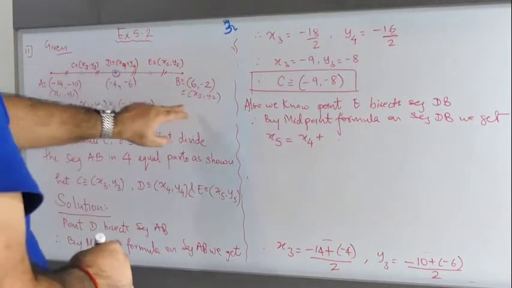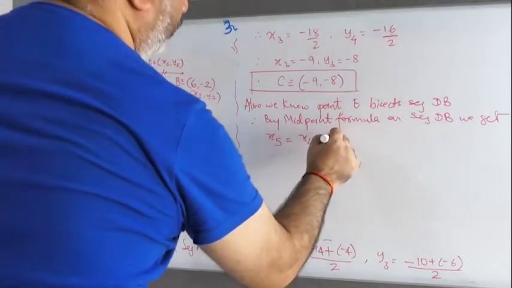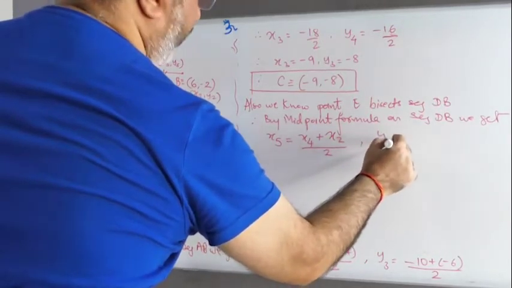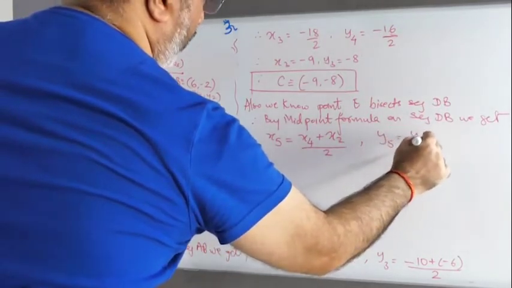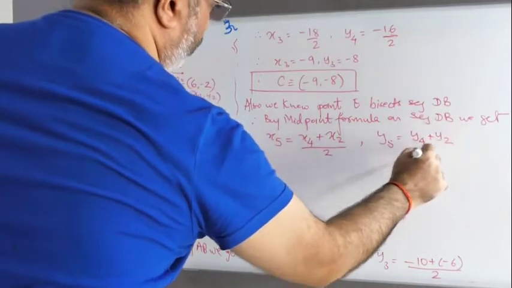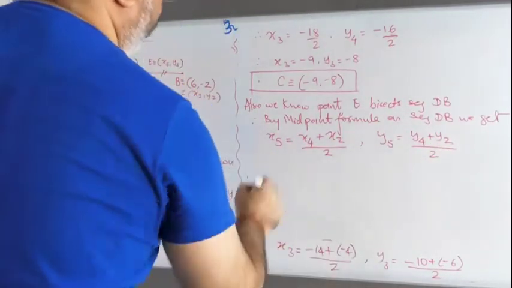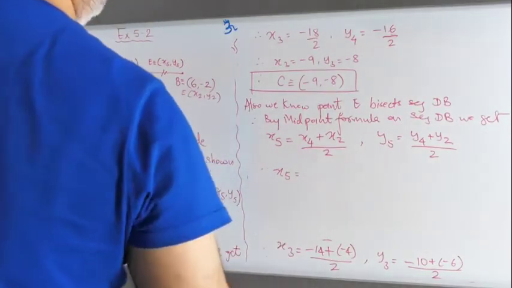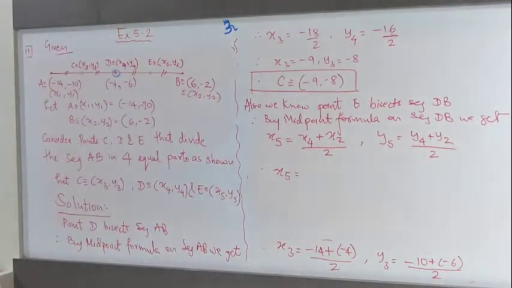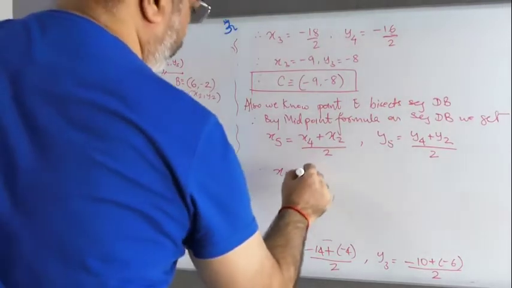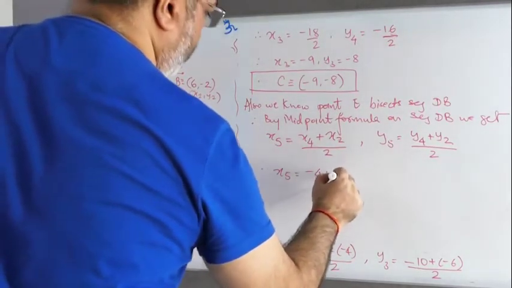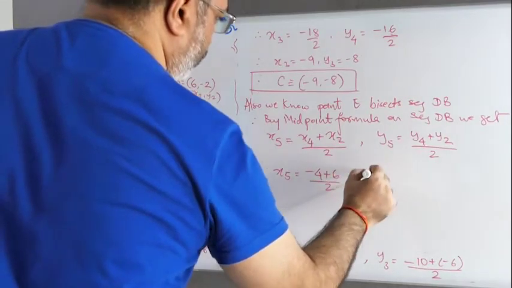So x4 plus x2 upon 2, and y5 is going to be y4 plus y2 upon 2. And therefore, what is x5? What is x4 now? Minus 4. What is x2? 6 upon 2.